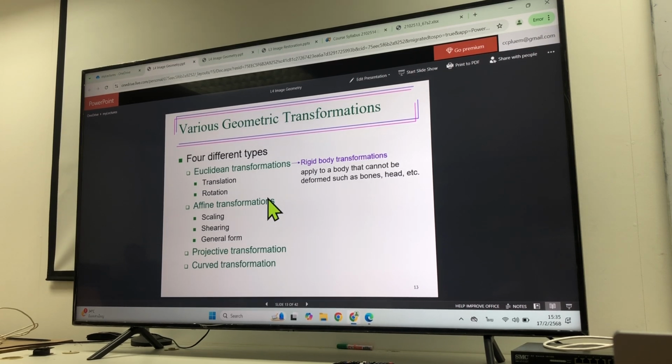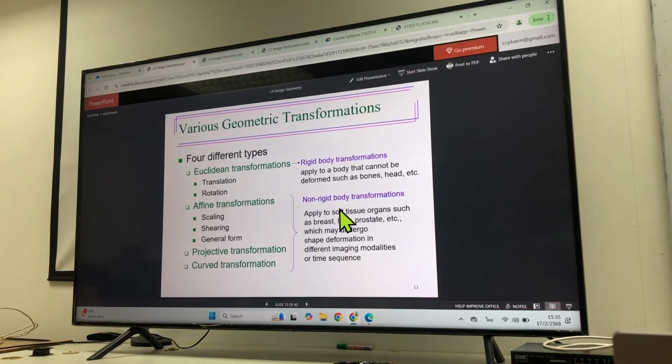Euclidean has only 2 things: translation and rotation. Sometimes we call it rigid body transformation because the body doesn't change shape. It applies to bodies that cannot deform, for example the head or bones. Affine transformation is called non-rigid body transformation.